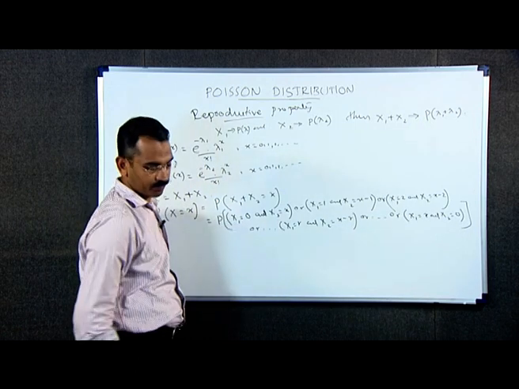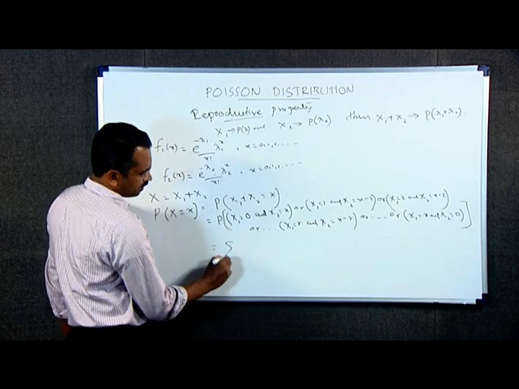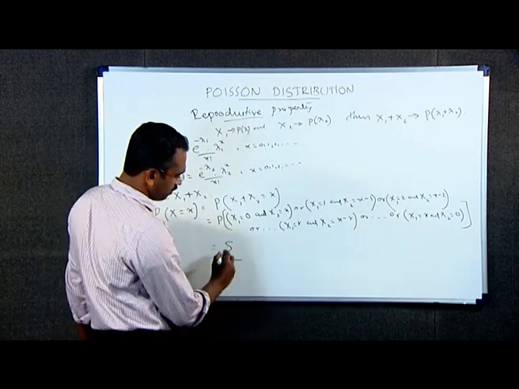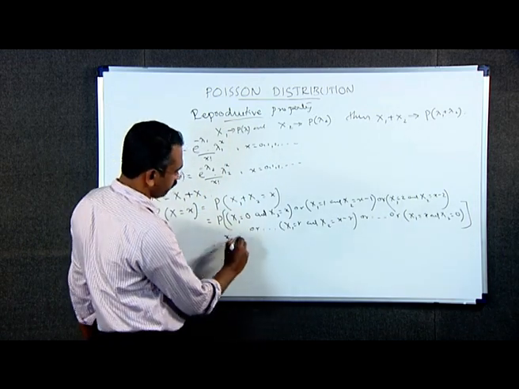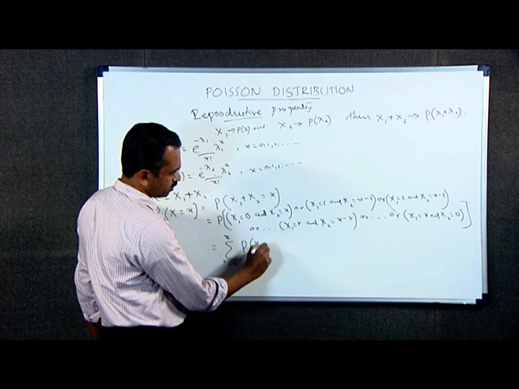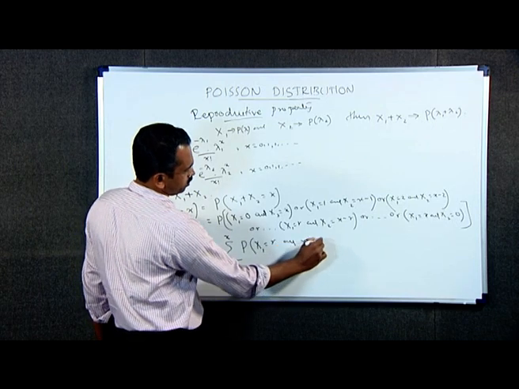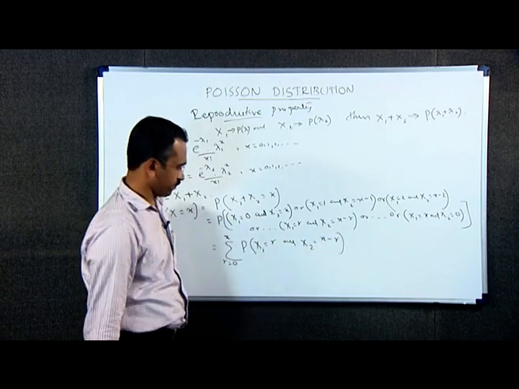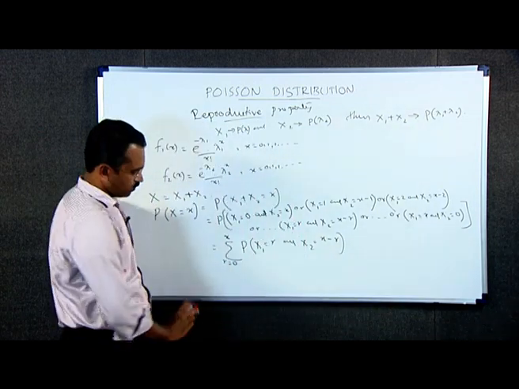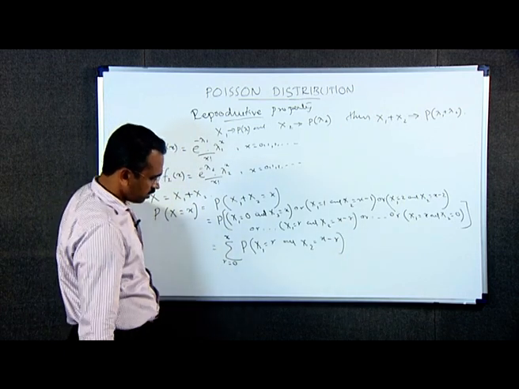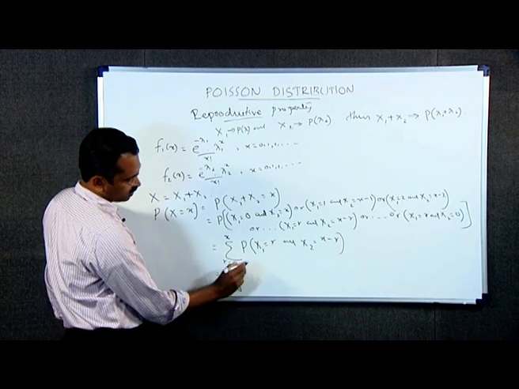Which is equal to summation over r varies from 0 to x, probability of x1 equal to r and x2 is equal to x minus r. That is equal to summation over r varies from 0 to x.